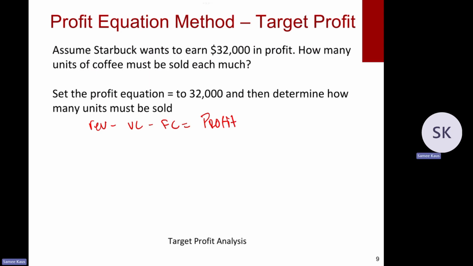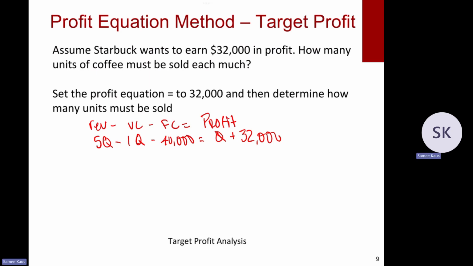Now all I need to do is say, I'm selling a cup of coffee at $5. It's going to cost me $1 per quantity that I sell. I have my same $40,000 in fixed cost. Now what's my profit? Remember, in break even it was 0, but now they want me to generate $32,000 in profit.